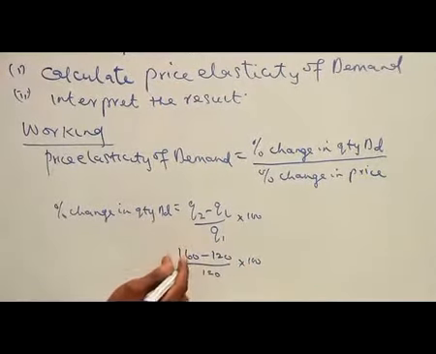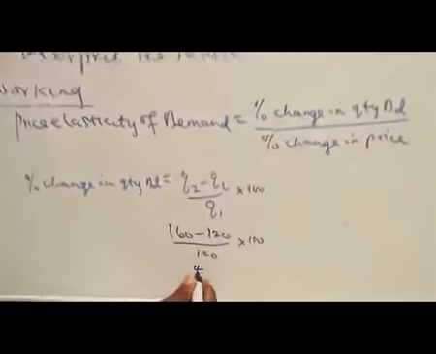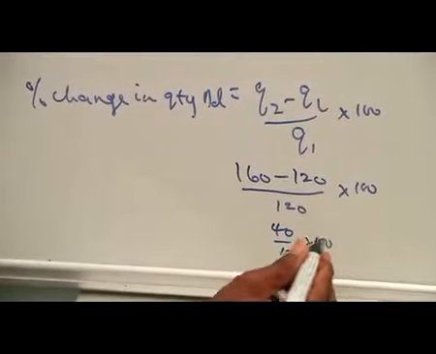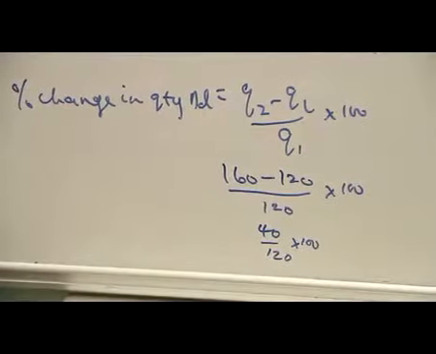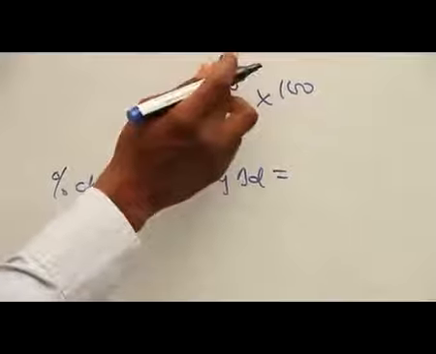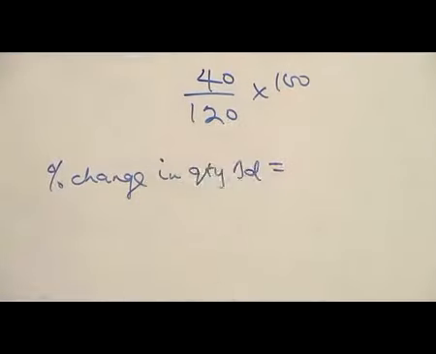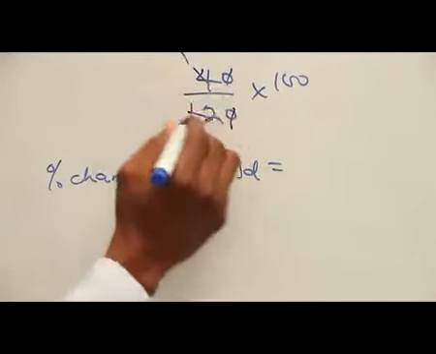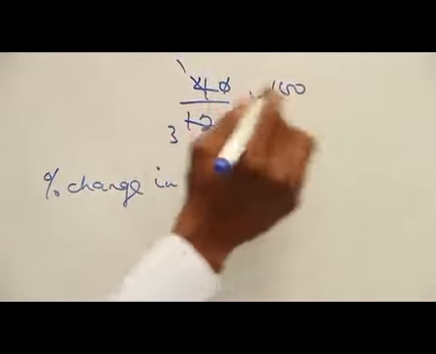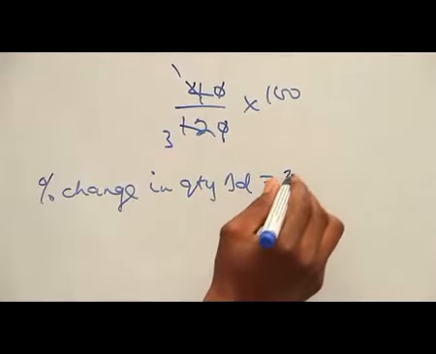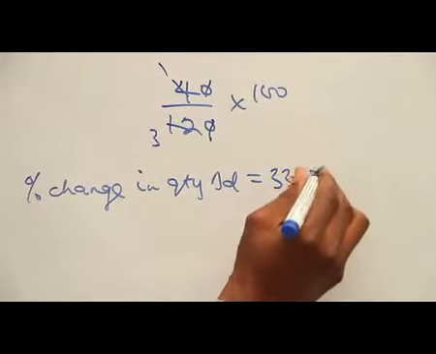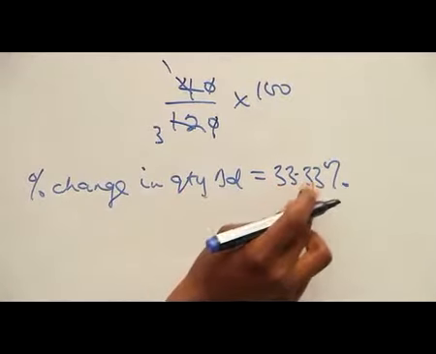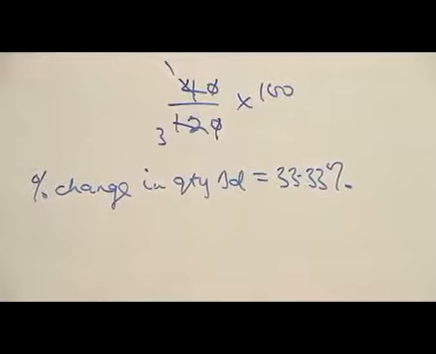The change between 160 and 120 is 40 over 120 times 100. So 100 divided by 3, we should be able to have 33.33%. Percentage change in quantity demanded equals 33.3%.